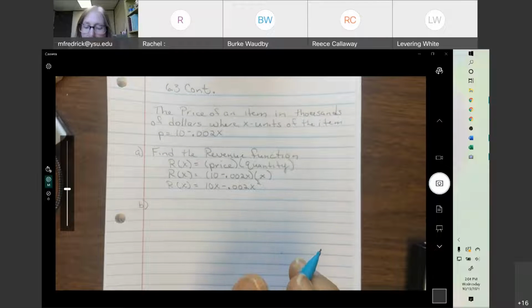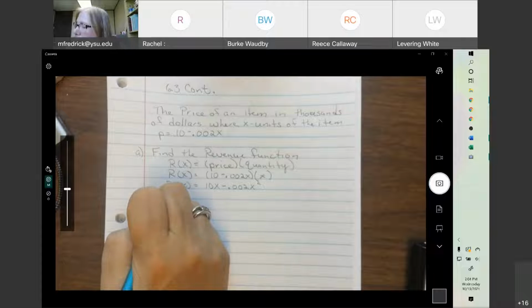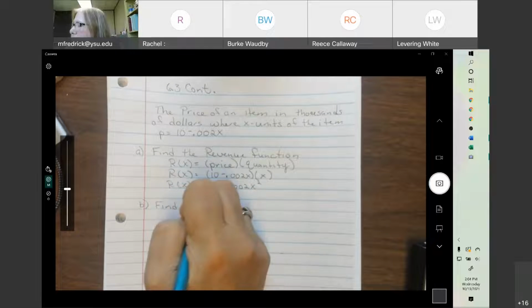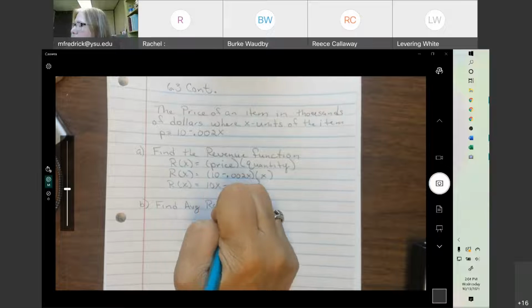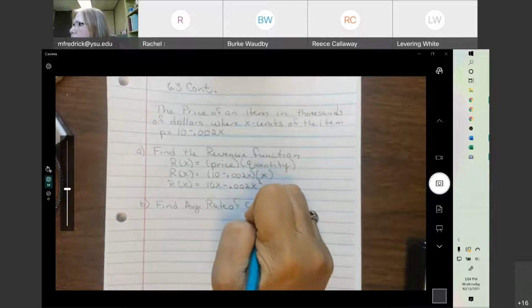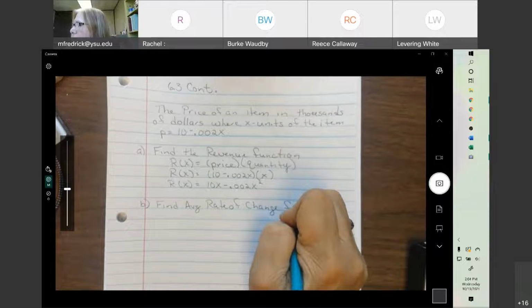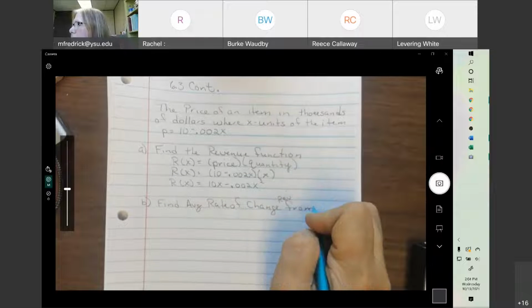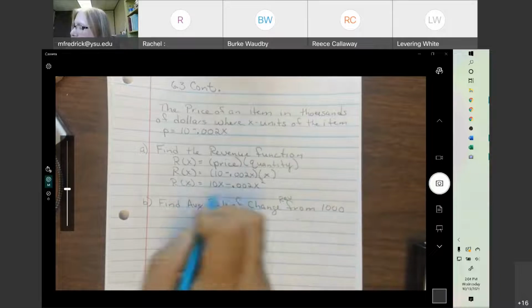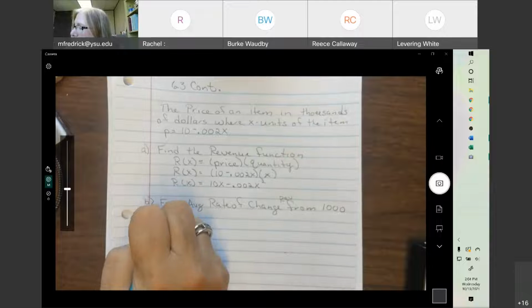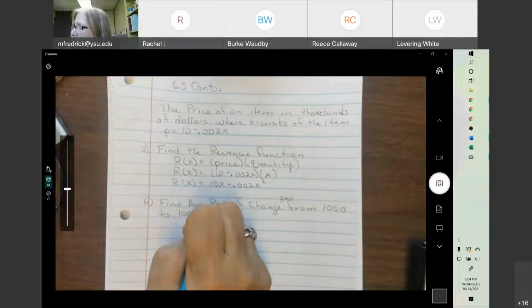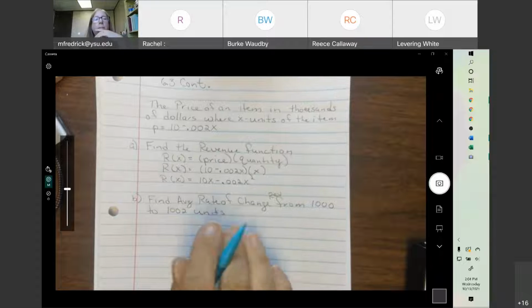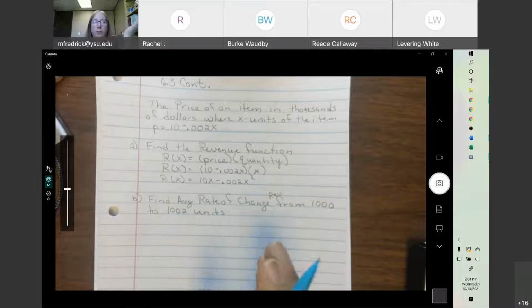Find the average rate of change of revenue from 1,000 to 1,002 units. Now, average rate of change, that's your slope.